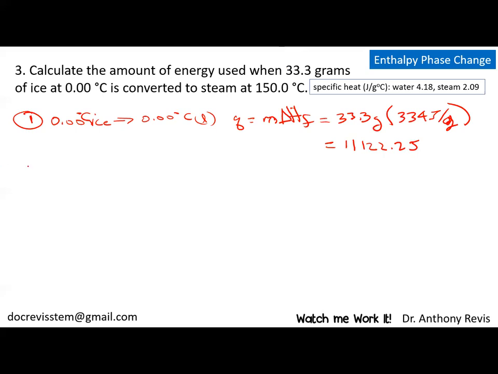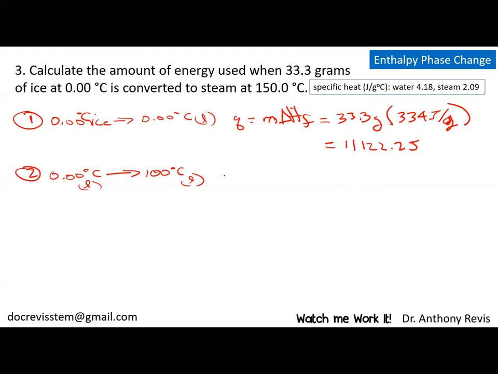Okay. So the second phase we're going to go from 0.00 C liquid to 100 degrees C liquid.